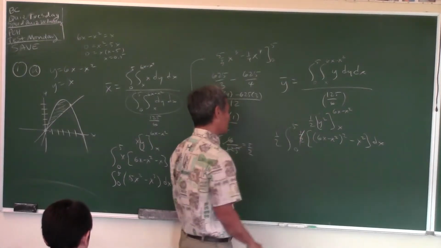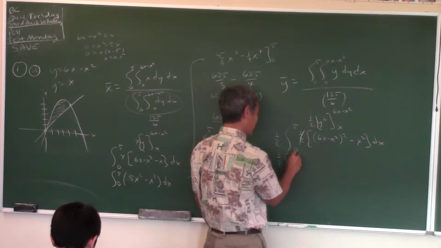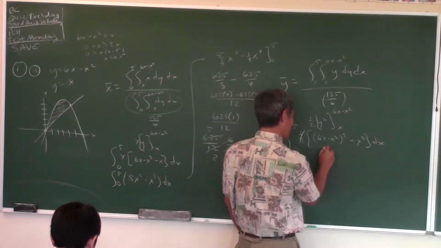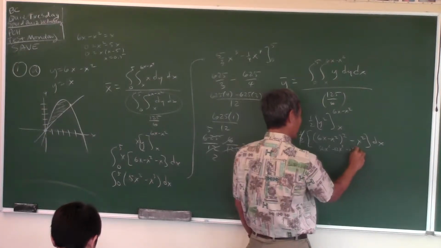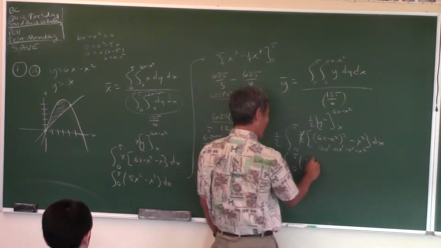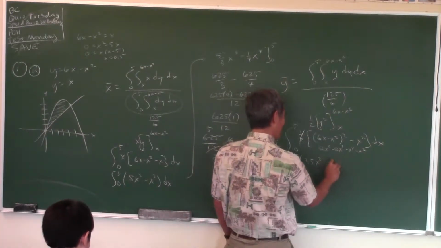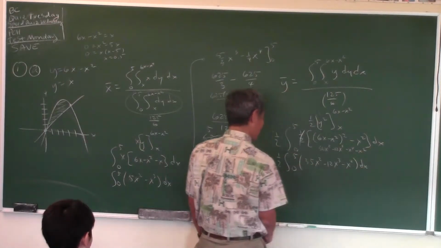Let's throw the constant on the outside. So if we multiply that out, what are we going to get? This is 36x squared minus 12x cubed minus x to the 4th minus x squared. So that's 35x squared minus 12x cubed minus x to the 4th dx.